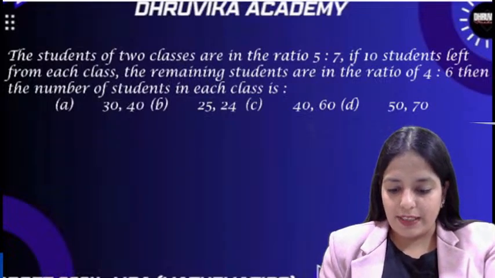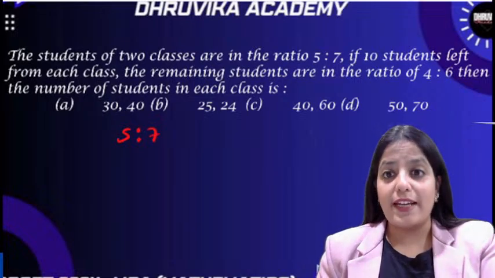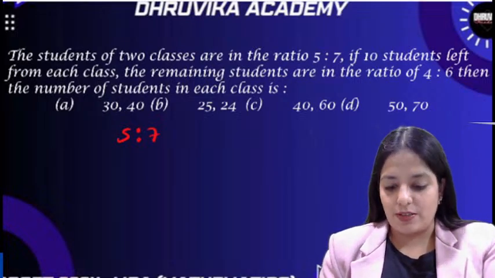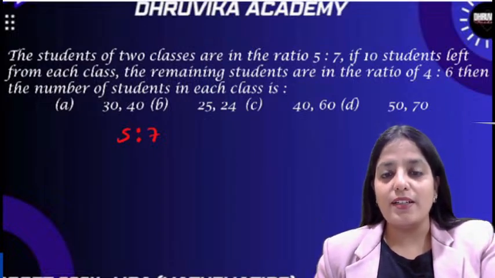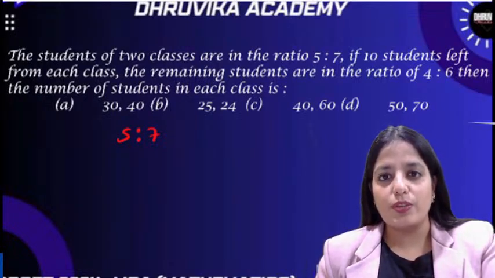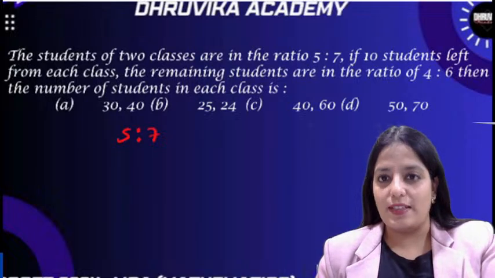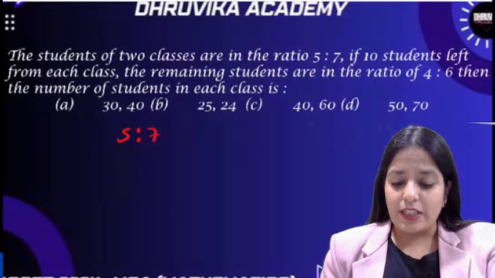If 10 students left from each class, the remaining students are in the ratio of 4:6. Then the number of students in each class is, right? So you just need to solve it quickly.